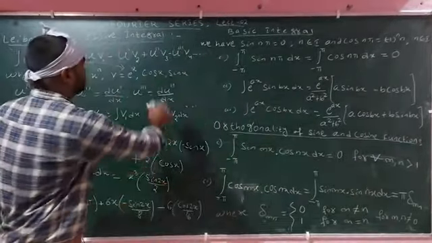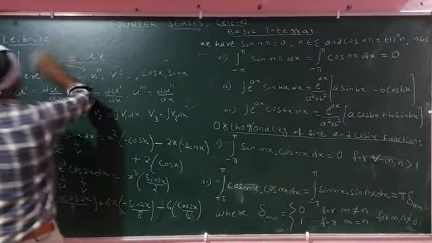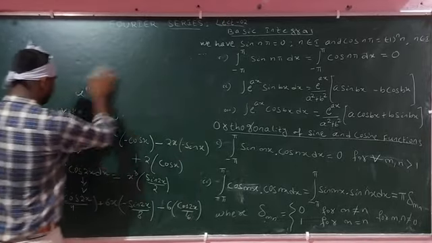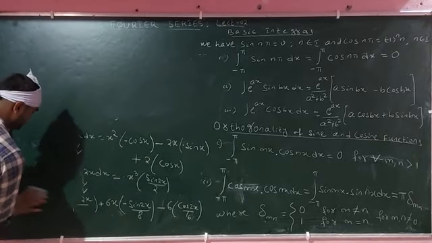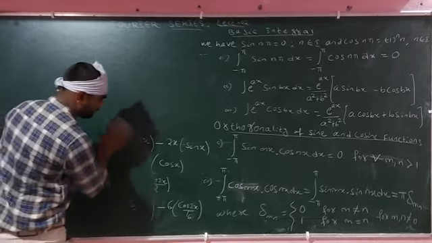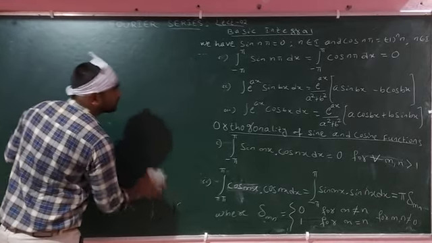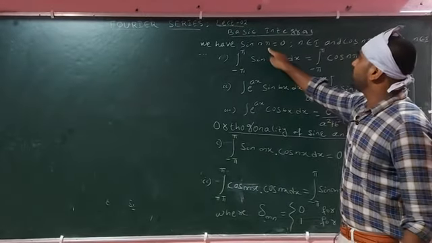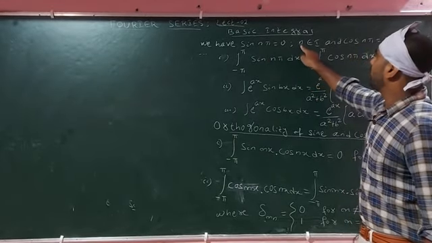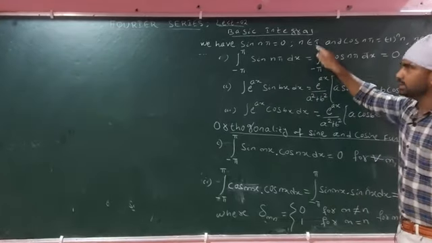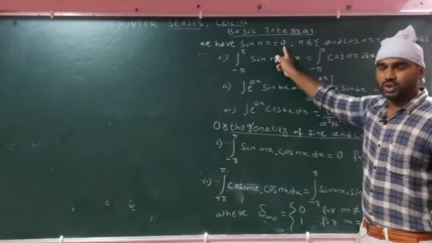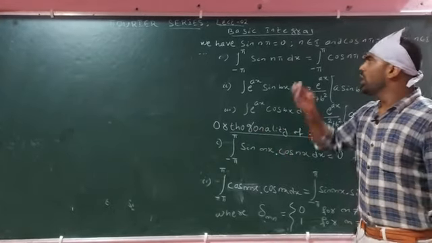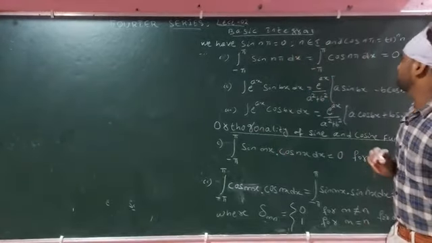Here we study some basic integrals. We have sin n pi equals 0 for n belonging to the integers, meaning sin 0 is 0, sin pi is 0, sin 2 pi is 0, sin 3 pi is 0, up to sin n pi equals 0.